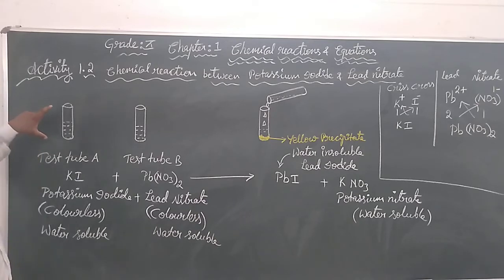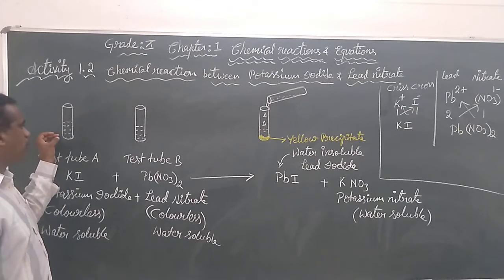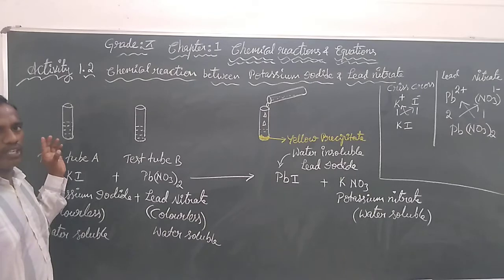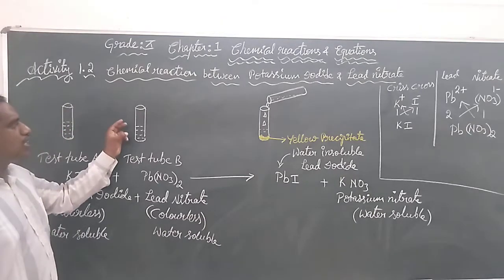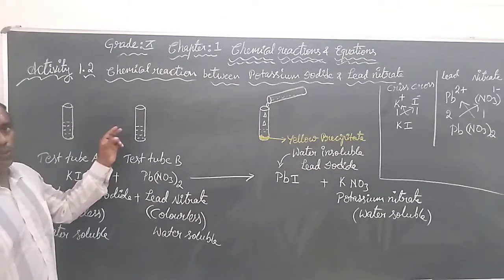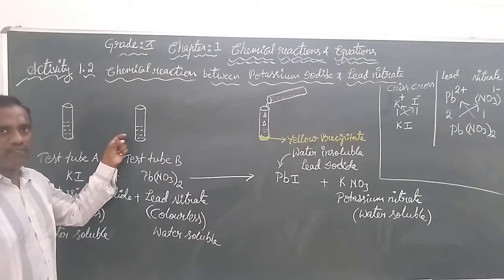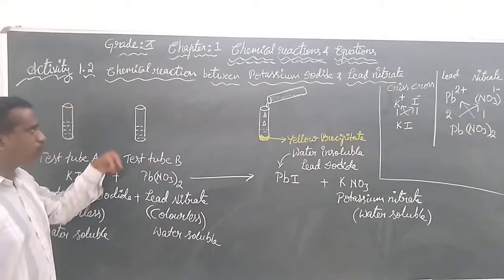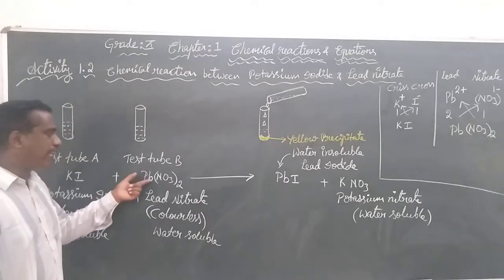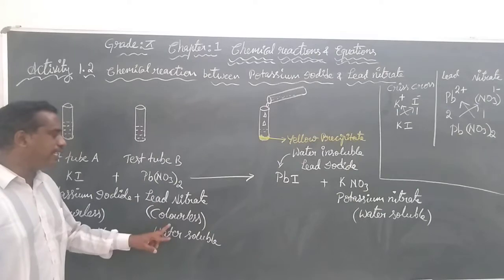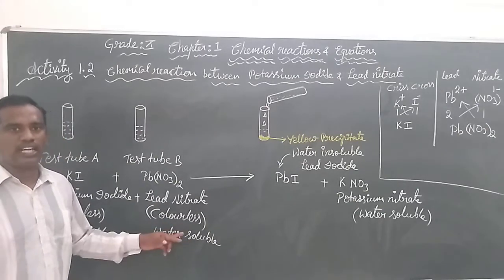We have taken one test tube and filled some water in it. Into that water, we added some amount of potassium iodide. It was completely soluble in that water. And we are choosing another test tube, and in that test tube, we have taken some water and we are going to add a little lead nitrate into it. This lead nitrate is also a water soluble salt.